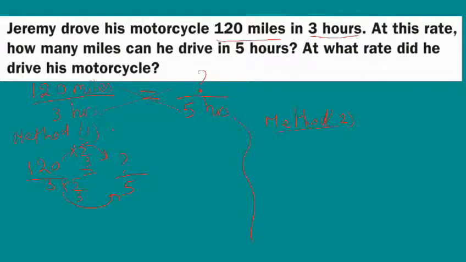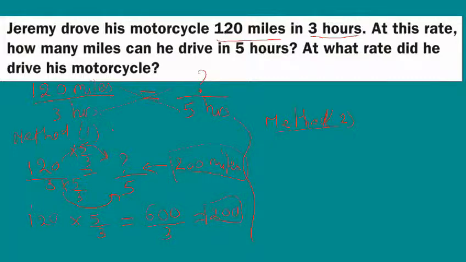If you want to multiply 120 times 5: 0 times 5 is 0, 2 times 5 is 10, and carry 1. 1 times 5 is 5 plus 1 is 6, so 600 over 3. And 600 over 3 will be 200. So the answer will be here 200 miles, which makes sense.